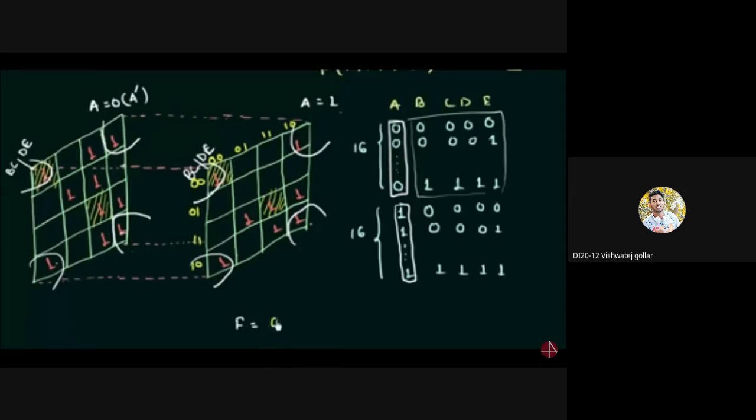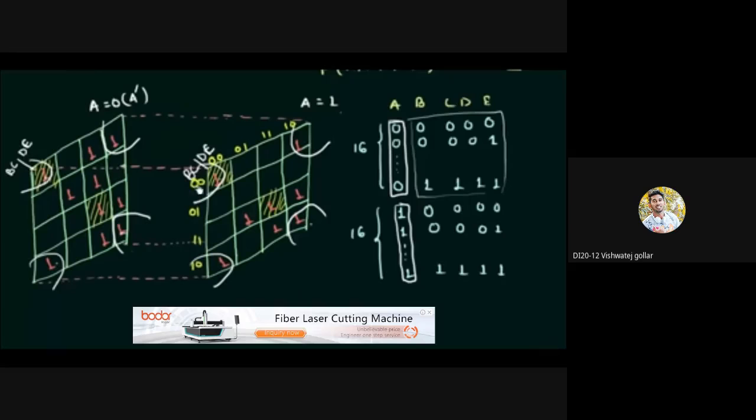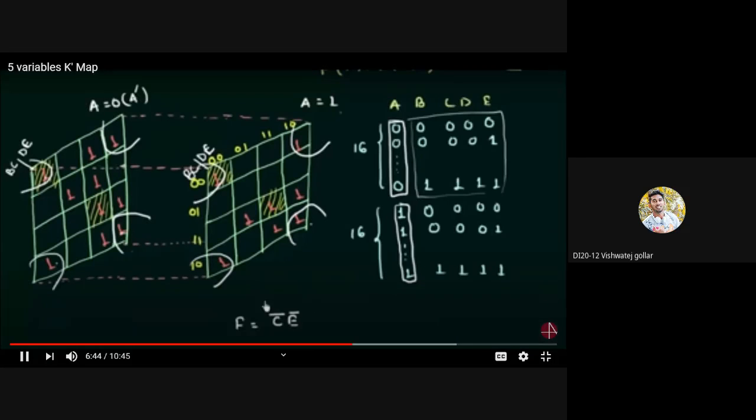So I will write C complement. Okay, and in DE, D is changing from 0 to 1, but E is same, which is 0. So E complement. Okay, so this is for the first group.